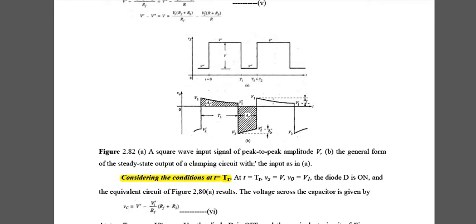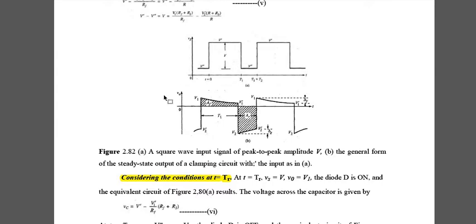The V1 dash formula that we obtained by considering all the conditions is V1 into e to the power of minus T1 divided by (Rf plus Rs) into C. I hope you all remember why we got this Rf plus Rs. So what is the condition here? In the first time interval T1, from here to here, the diode will be conducting, that is, it will be in the forward bias condition.